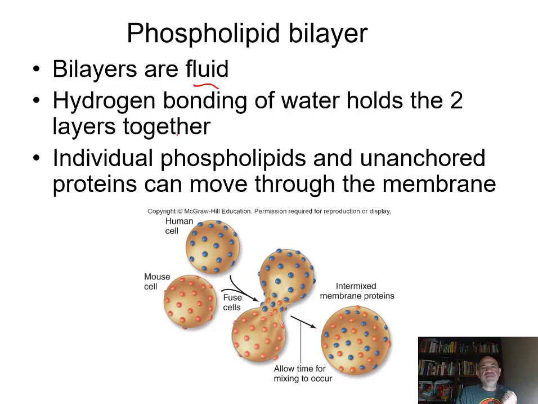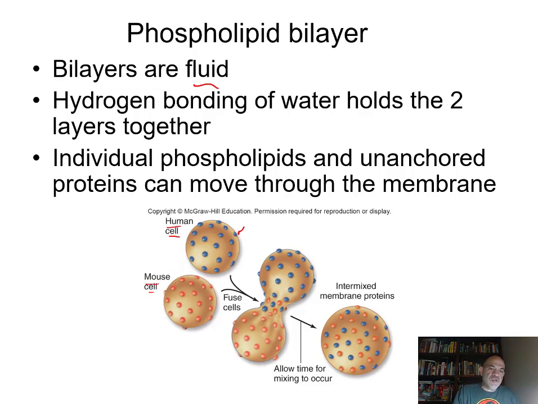You can see evidence of this if you were to combine two different cells. Here's a human cell, and it's identifiable as a human cell because the proteins in the membrane are characteristic of human type proteins. The mouse would have similar proteins and similar functioning, but you would be able to distinguish the components overall, especially things like glycoproteins. And then here you have your mouse cell.